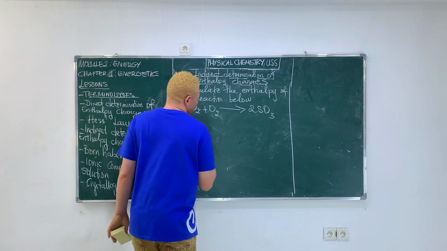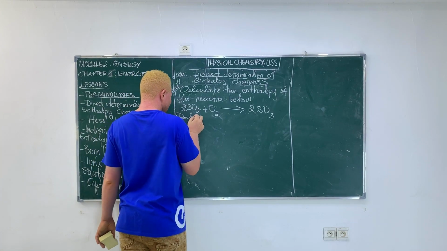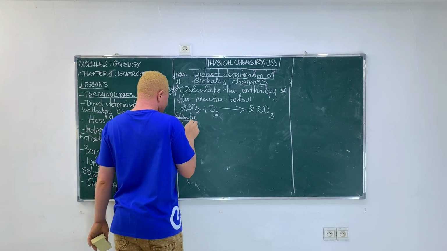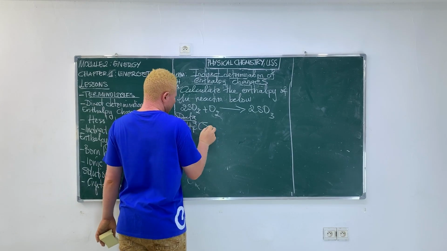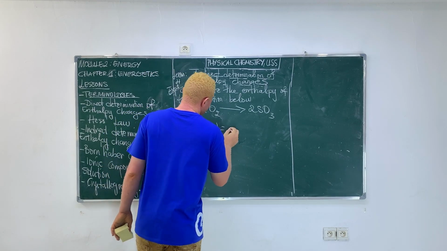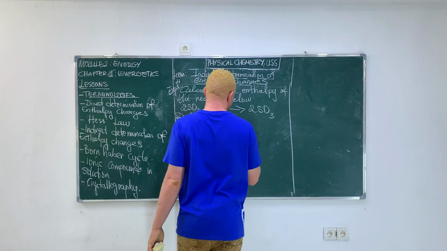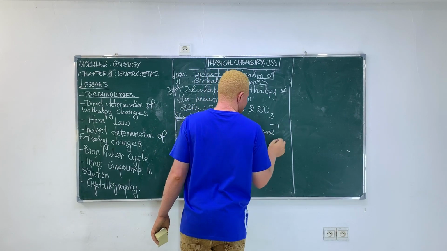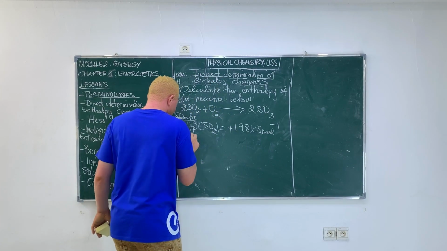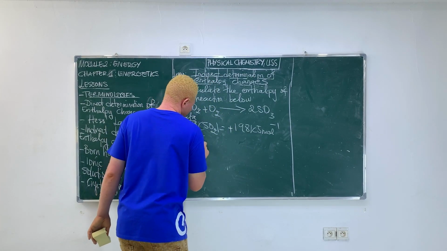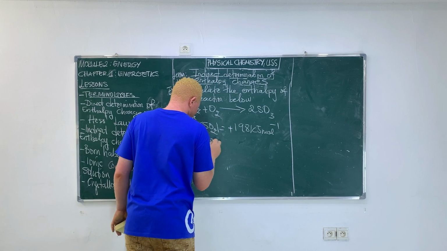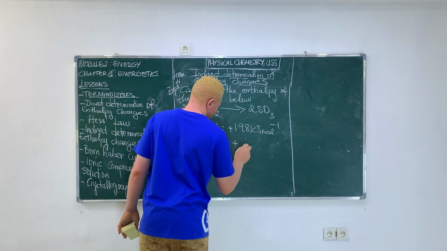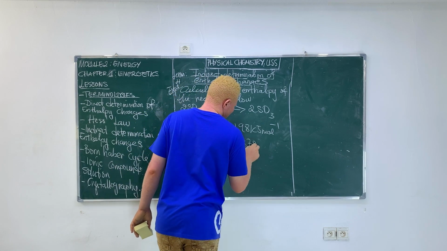They give us some data: the enthalpy of formation of SO2 is minus 198 kJ, and the enthalpy of formation of SO3 is given as well.